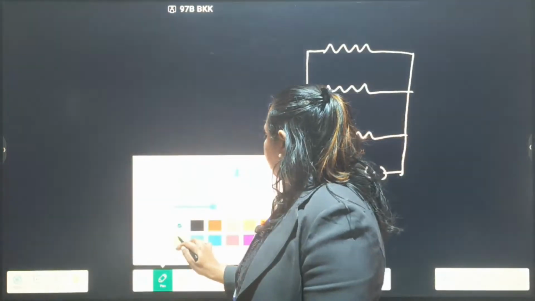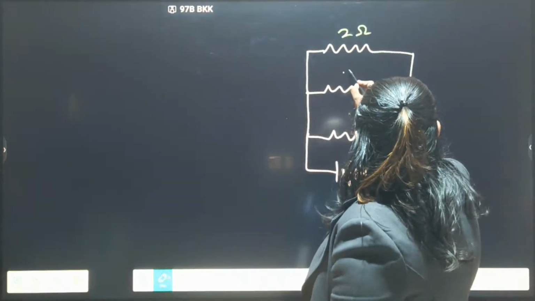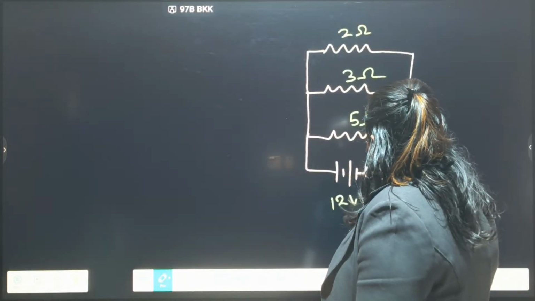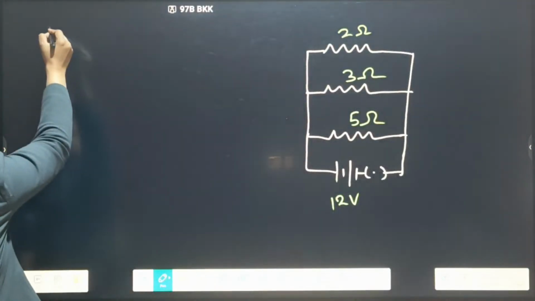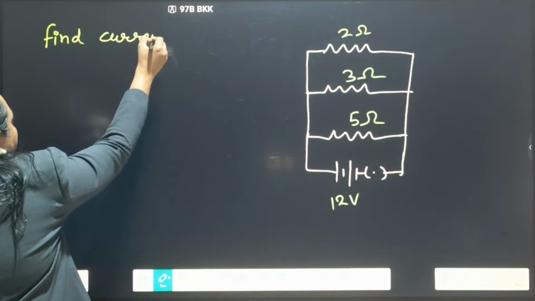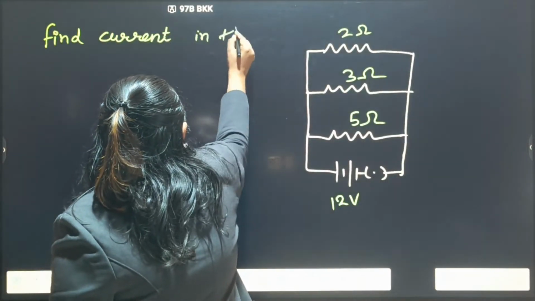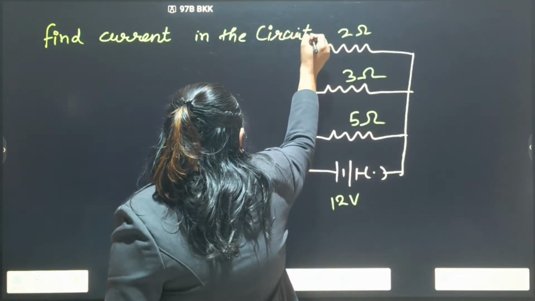Suppose if we have, this is 2 ohm resistance, it is 3 ohm and it is 5 ohm connected with the 12 volt of battery. So find current in the circuit. It is asked in the question.